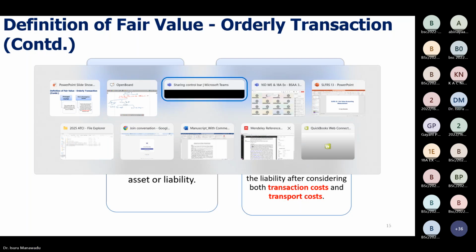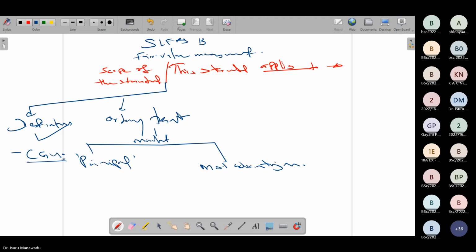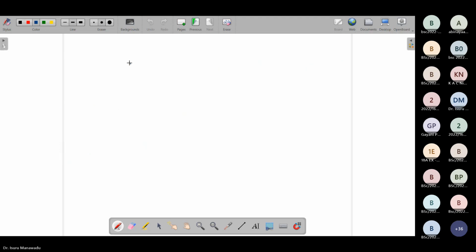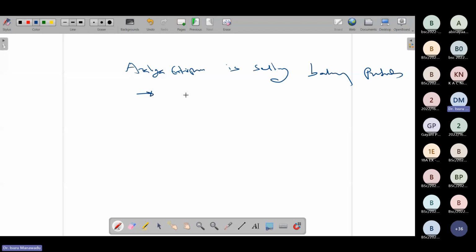Let's say Arali Enterprise is selling bakery products to a few districts, let's say southern province, western, and north province. Right? Southern, western, north.